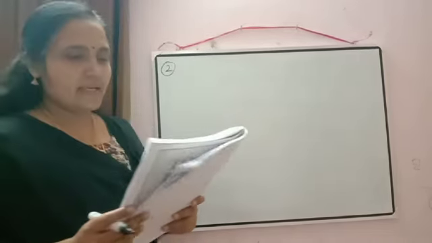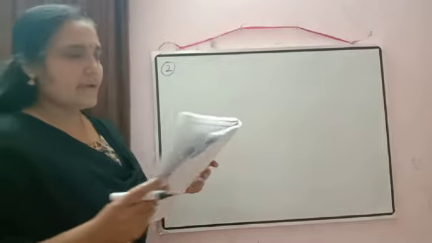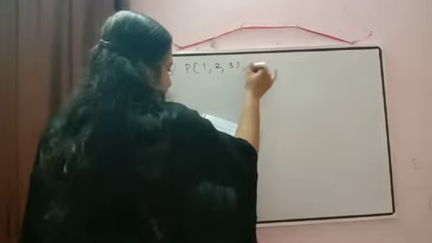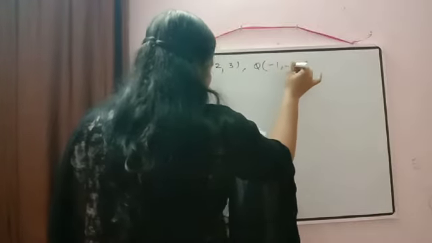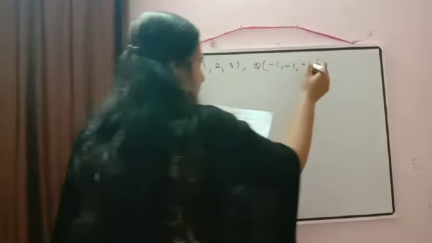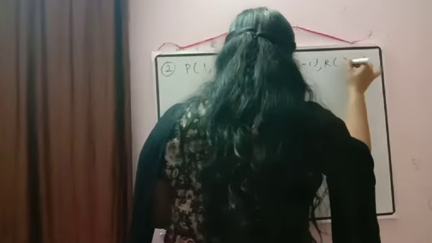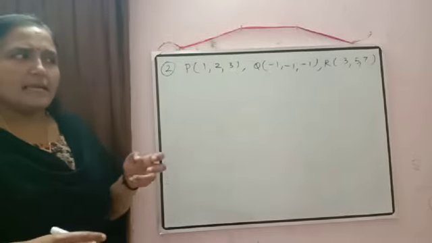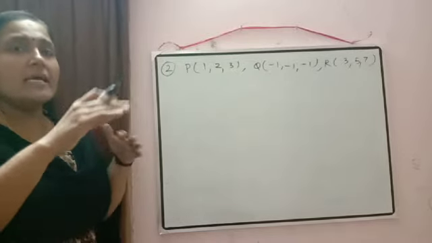Now the next question is, show that the points P (1, 2, 3), Q (minus 1, minus 1, minus 1) and R (3, 5, 7) are collinear. Collinear meaning what? The points are in the same line.